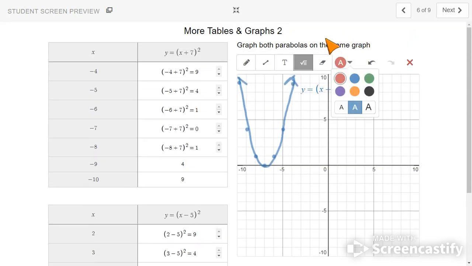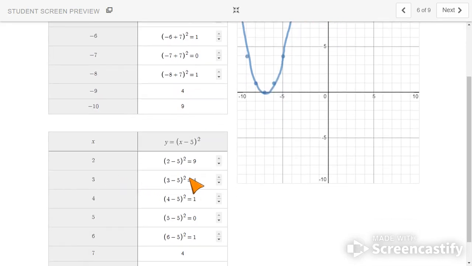I'll use red this time. 2, positive 9. 3, positive 4. 4, positive 1. 5 and 0. 6 and 1. 7 and 4.